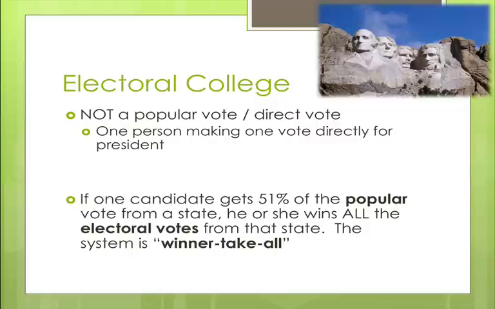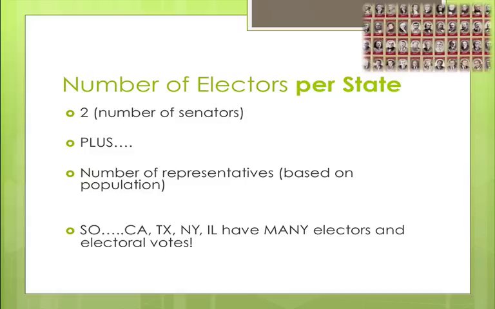So if 50% plus one person vote for, let's say, Obama, then Obama would win all of the electoral votes of that state. Then all the electoral votes get counted up, and whoever has at least 270 of those would win the presidency. Before we get to how 270 is the magic number you need to win, how does each state get their number of electors figured out?